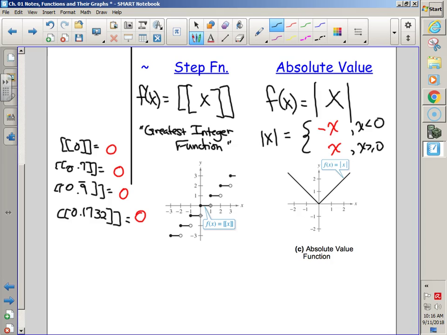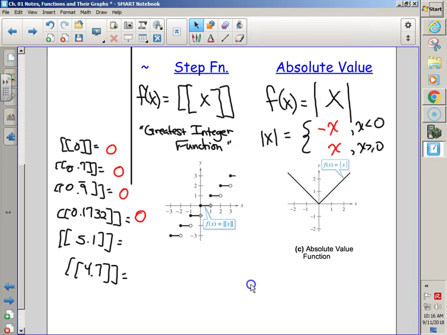Hold on. Use the graph. I just did 5.1 and 4.7. Let's just do one of them. We'll do both. That one became a 5. What's the greatest integer in it? 5. What's the greatest integer in it? 4, not rounding up to the next number. So think rounding down, rounding down, rounding down.